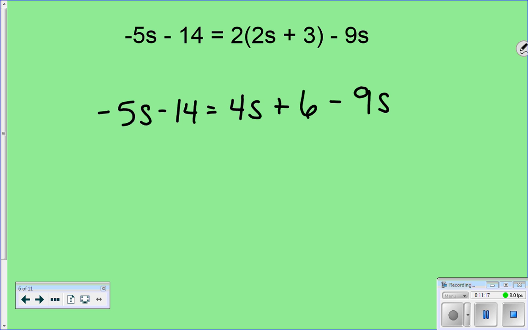Did you get it distributed before you do anything? Do you see anything on one side that you can combine? Okay, 4s and negative 9s. Do you see those two things? So it'll be negative 5s, right? 4 minus 9 would be negative 5s.